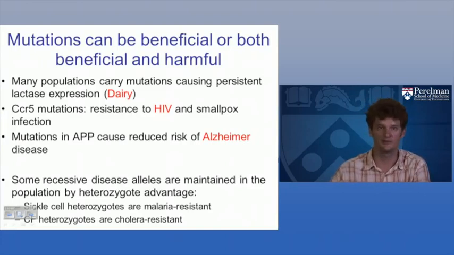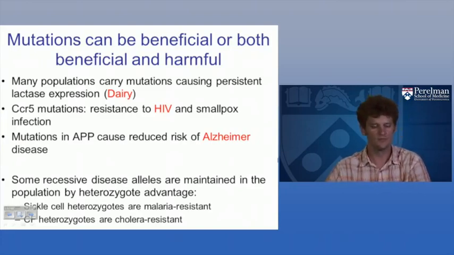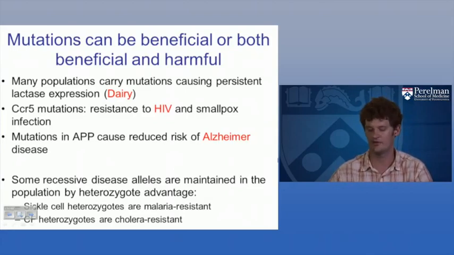There are a number of populations around the world which rely on dairy for a significant fraction of their calories, and so they domesticated animals to produce milk. Normally humans lose their capacity to digest lactose, the sugar in milk, fairly early in development. But a number of populations have mutations that cause persistent expression of lactase later in life and allow them to continue to digest dairy.